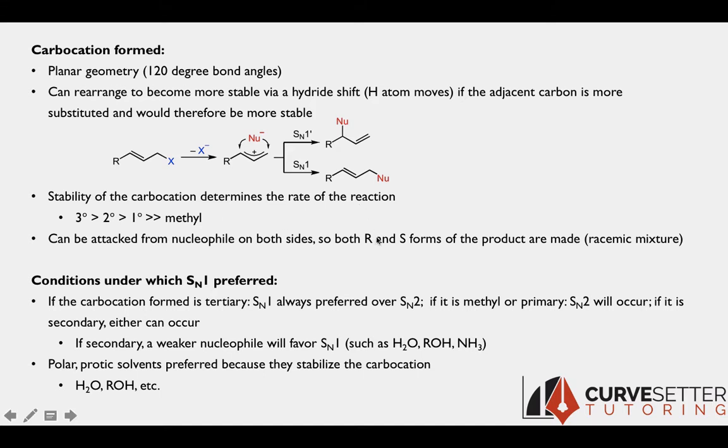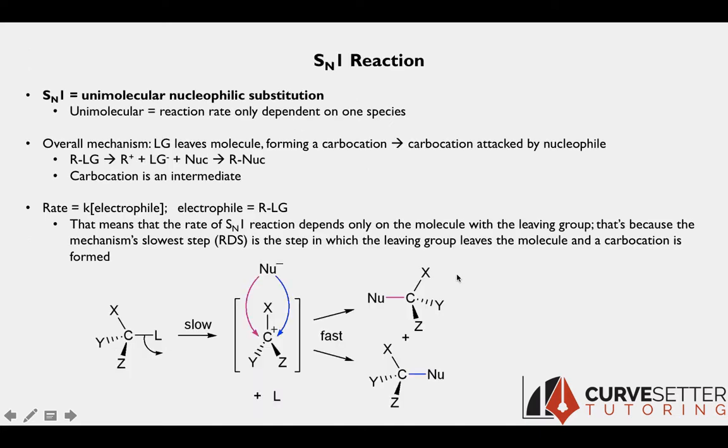That means that both the R and S forms of the product are made. So what you make is a racemic mixture, which remember is a combination, a 1-to-1 ratio of the enantiomers. So you form equal amounts of the R and S forms of the product. That's why here you see 2 products forming. One is R and one is S. And the nucleophile you see can attack from either side.